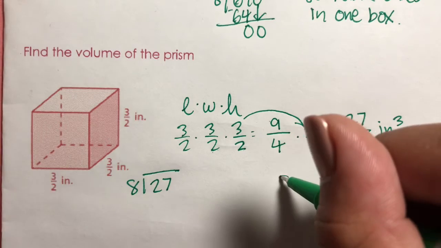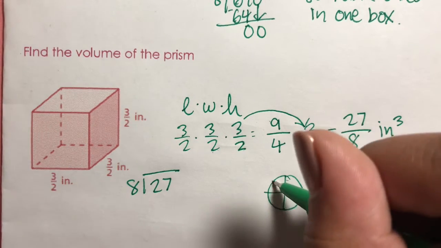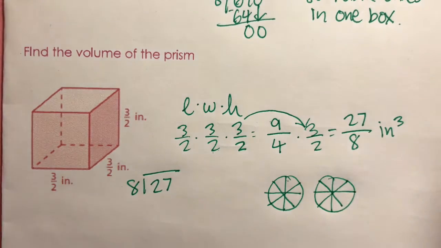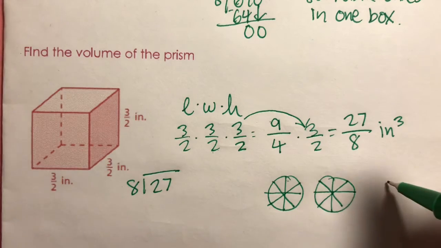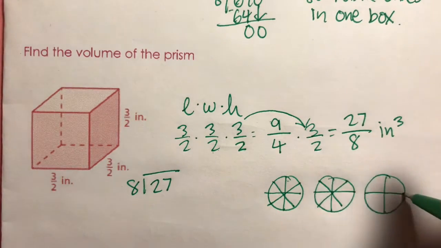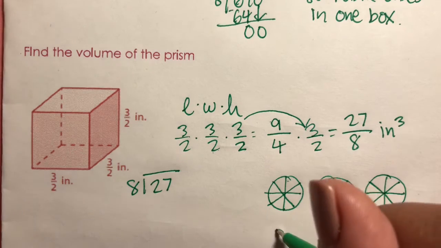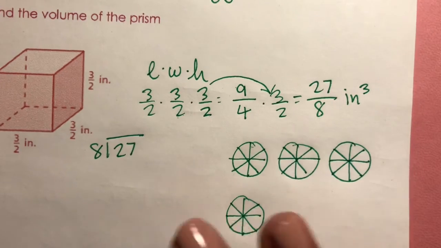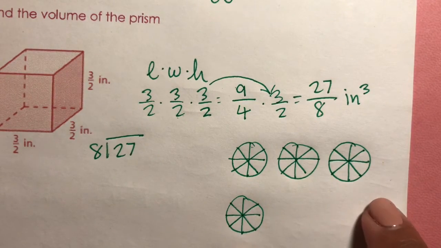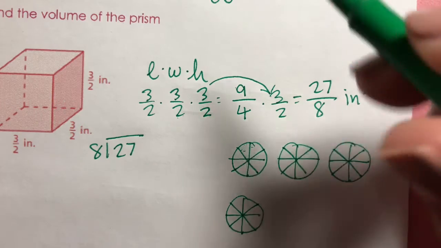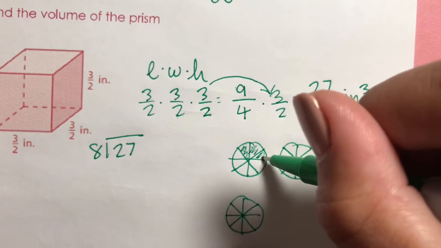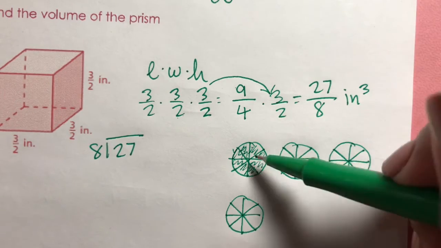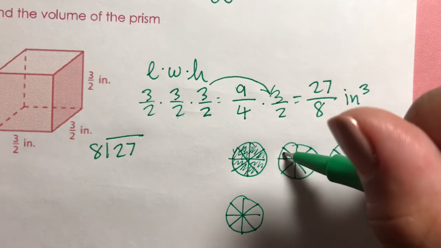So let's say I'm going to draw some circles here, and they're split into 8 because that's our denominator. That's how many parts would make one whole. Okay, so I drew out my circles and broke them apart into 8 parts. Now I'm going to shade in however many 8 can go into 27. So we know it can go in at least once, so that's 8.